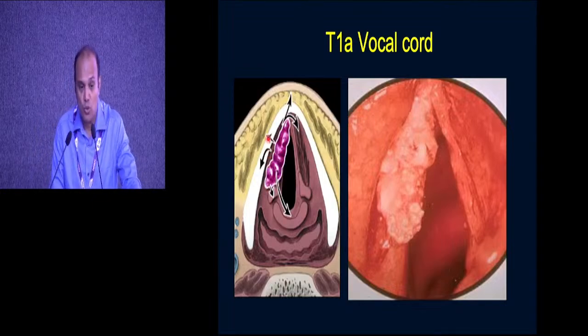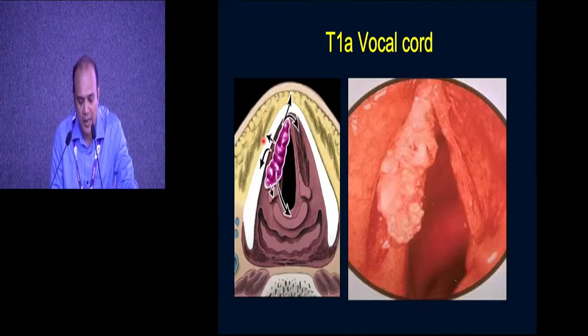If it is through and through the cartilage, it becomes T4A. It can also gain access to the anterior commissure here and the posterior commissure here, and it is again divided into anterior third, middle third and posterior third for the sake of discussion. The thyroarytenoid gap can also be widened, and it can gain access to the postcricoid area.